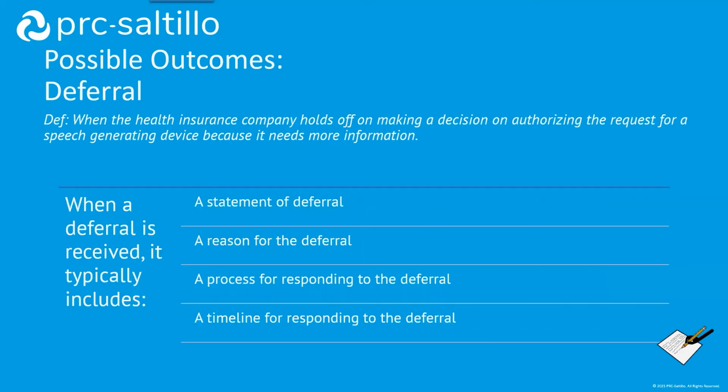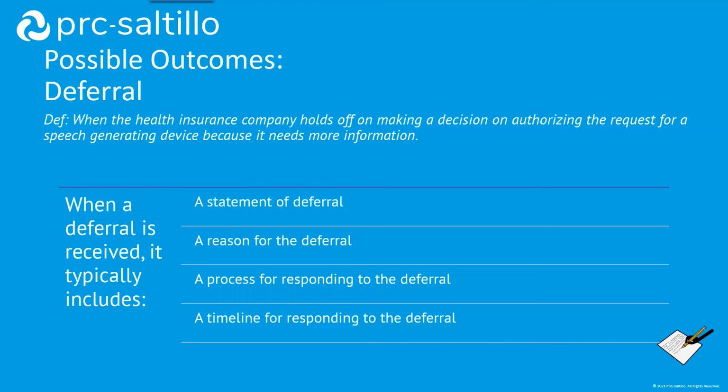Another possible outcome is the deferral. This one sounds scary, but it's when they say, we can't make a decision yet. We need more information. Something they might be asking for is more information about the trial, or about the different places. So maybe you didn't specify enough environments, or different people.